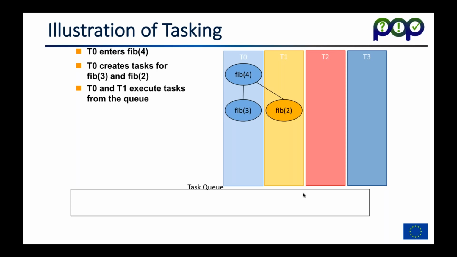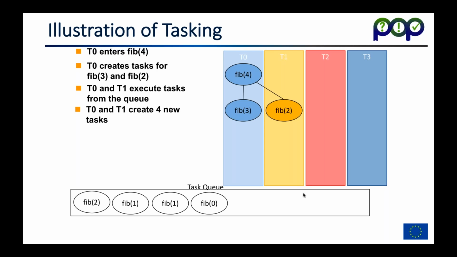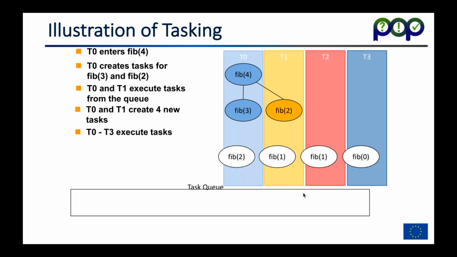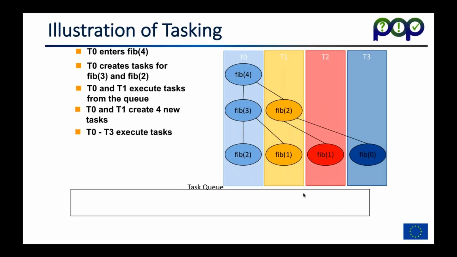So after one level in your recursion, you have thread 0 and thread 1 both executing a task, and you have really parallel work here. Then you continue. On the next recursion level, both of them create 2 tasks, so in total you have 4 tasks now in your task queue, and every thread can now pick one of the tasks out of the task queue.